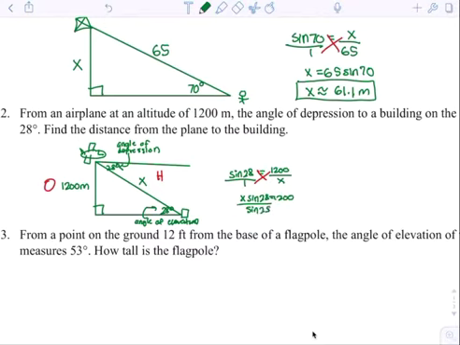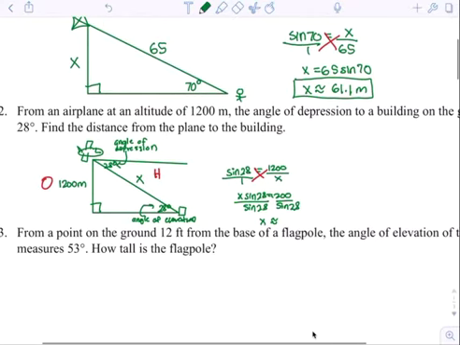Divide both sides by sine 28. So x is roughly 1,200 divided by sine of 28, which is 2,556.1 meters. And there's that one.